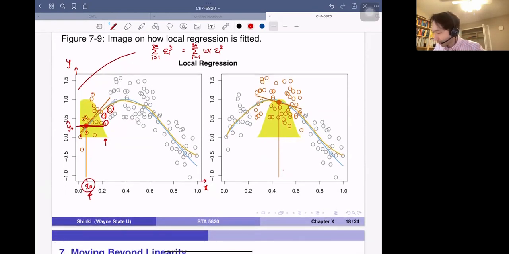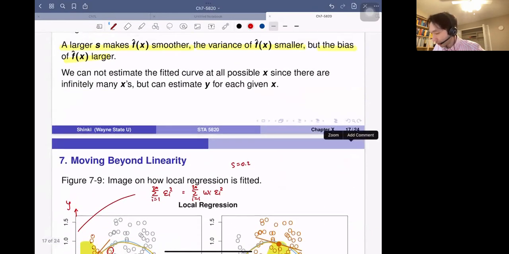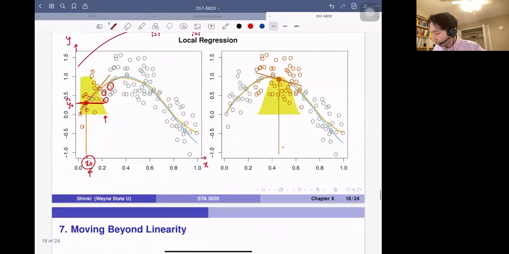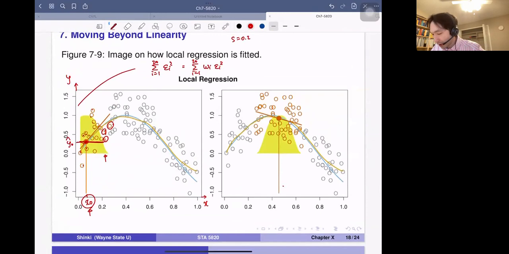This is actually the same data and the same thing, but the number of observations may be different. In this case, s is slightly larger, about 0.4 or 0.5. Also the x0 value is here, so it's more like the center of the data. We use these red observations to fit the model.